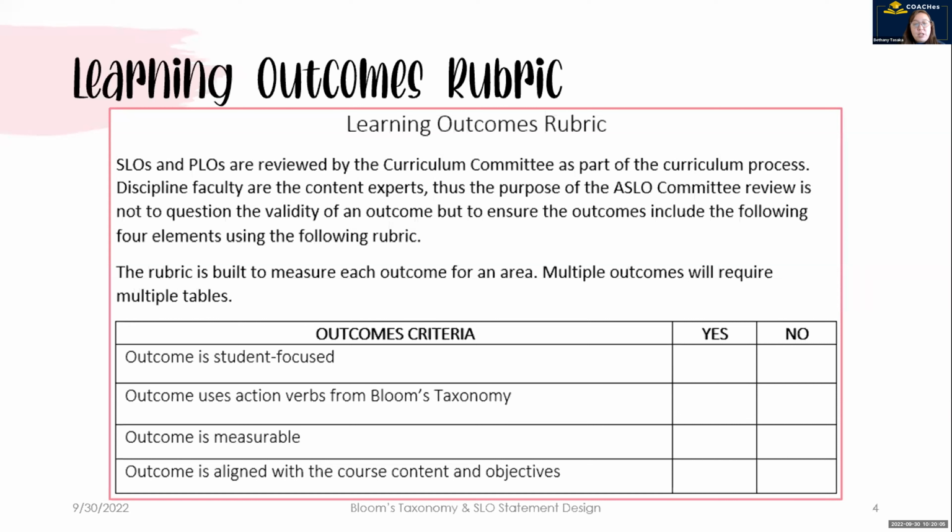The action verb portion is from Bloom's taxonomy. On my next slide, I'll show you the list of verbs that we hand out to everyone. Is it measurable, right? What I see all the time is something like, students will understand basic physics vocabulary, right? I'm like, what does understand mean? And that's usually a question.